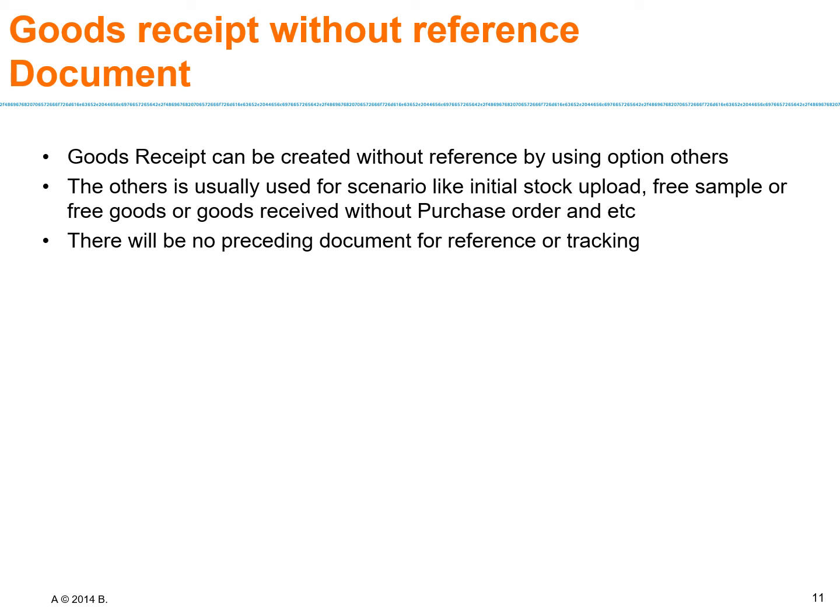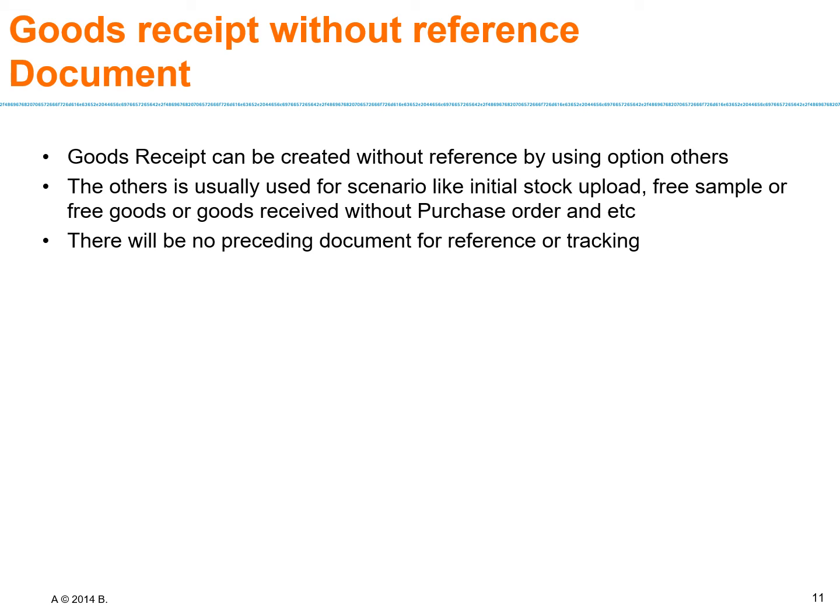So goods receipt can be created without reference by certain options, usually used for scenarios like initial stock, right? If there is an organization where stock already exists, and you are transferring the stock into another organization, in this scenario you will use the initial stock update, without any reference document.